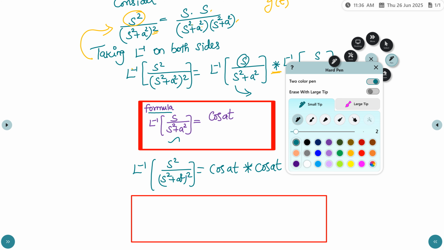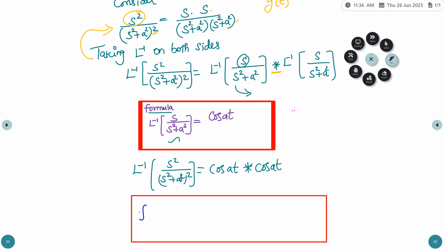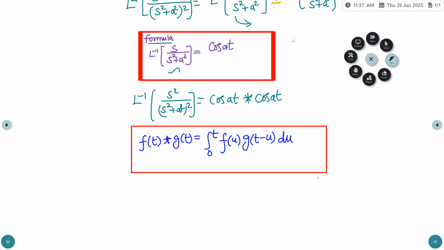Our formula is f of t star g of t equal to the integral from 0 to t, where in the first function t is replaced by u, and in the second function t is replaced by t minus u, into du. This is our convolution concept. Here also we have two functions.